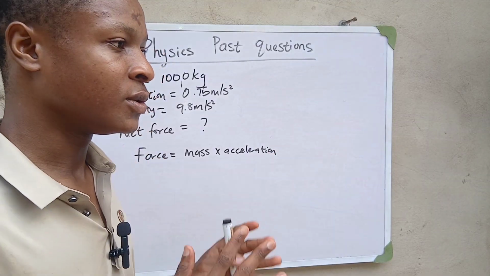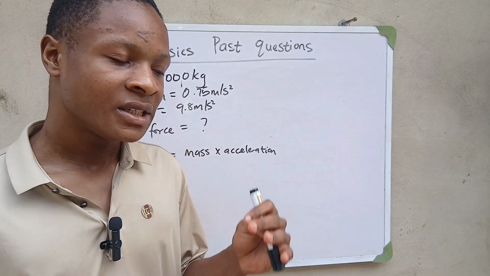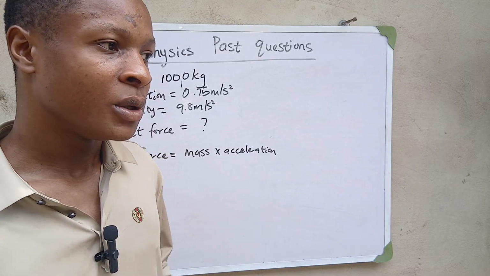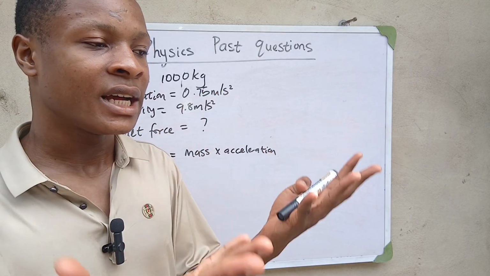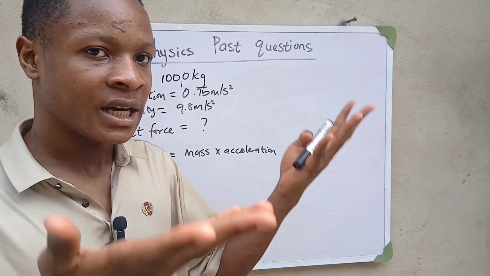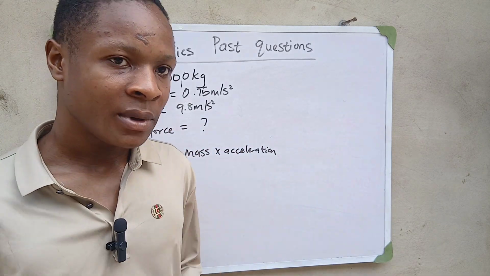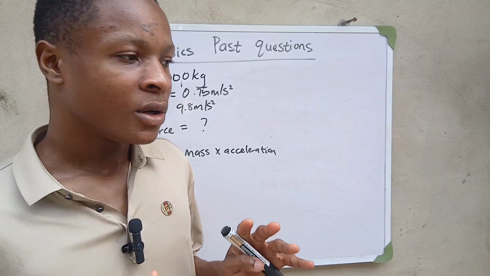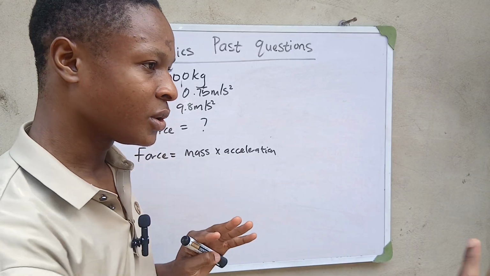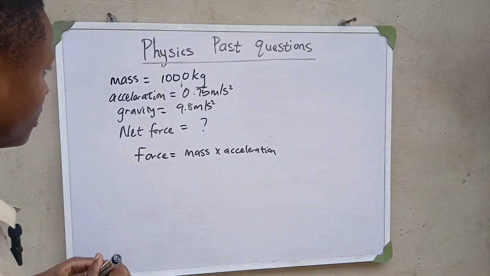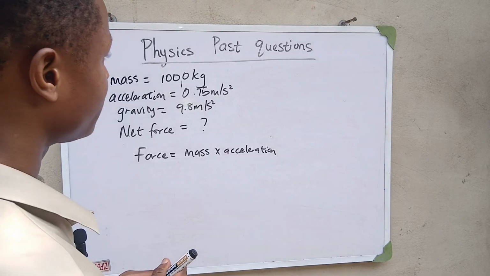Acceleration due to gravity is for a body that is being pulled or pushed vertically, that is, anything vertical, up and down, while the normal acceleration is for anything horizontal, that is, if you're pushing something on the floor. So what we are going to use here is the acceleration, which is 0.75.